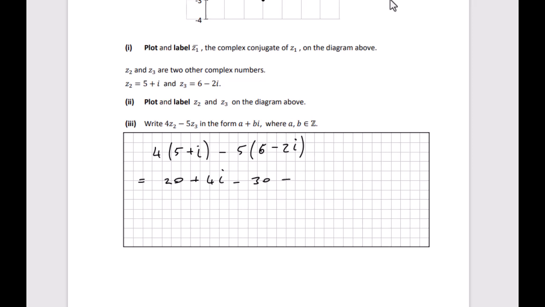Then minus minus is plus, 2 5's 10i. So you can add the real parts, you can add the imaginary parts. So the real parts are 20 and minus 30. That's minus 10. The imaginary parts are 4i and 10i. That should be a 10i there. So 4i plus 10i is 14i. And that's it for part 3.